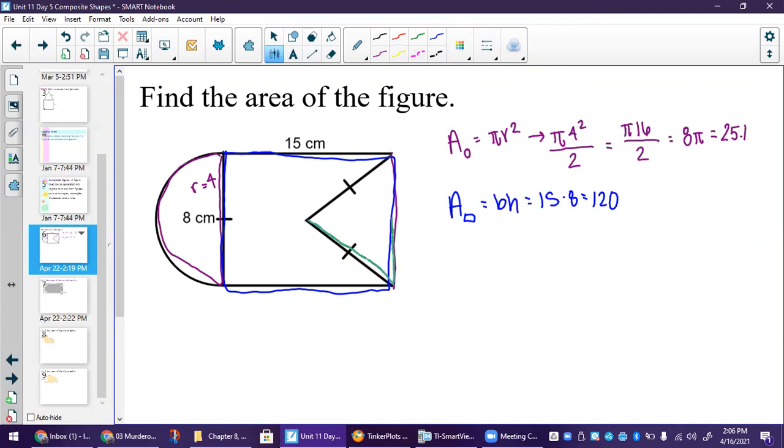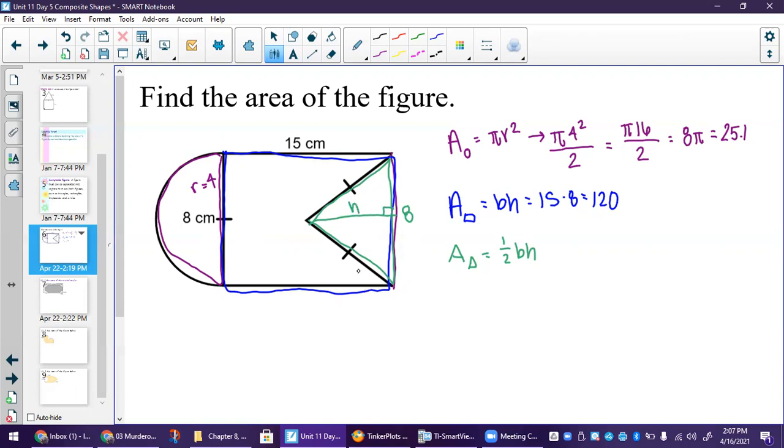For this triangle, I know that the area of a triangle is equal to 1/2 base times height. I know that the base, if this is 8, this is also going to be 8. What I don't know is the height, so I need to figure out this height here.